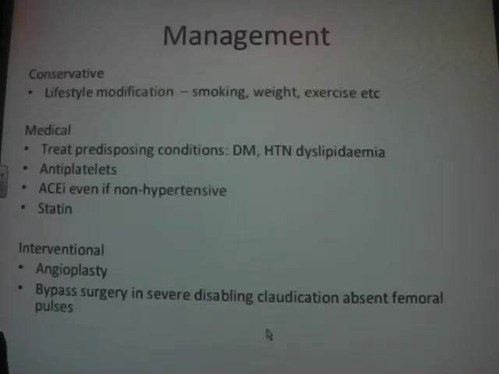And then treat predisposing conditions, so all your risk factors, antiplatelet agents like clopidogrel, and then ACE inhibitors, even if non-hypertensive, mostly because it affects the management of your likely heart condition. ACE inhibitors don't really do much to improve your vascular problem. They just help prevent you from having a heart attack, because if you have chronic limb ischemia, you're going to have some degree of atherothrombotic disease all over your body. And then interventional angioplasties we talked about, and bypass surgery.